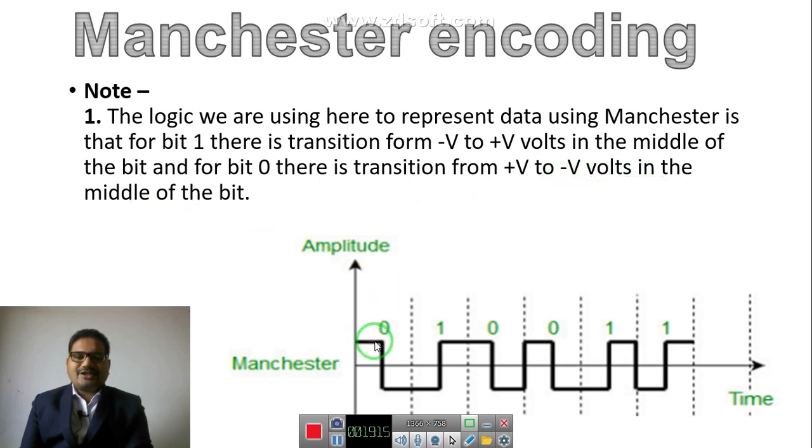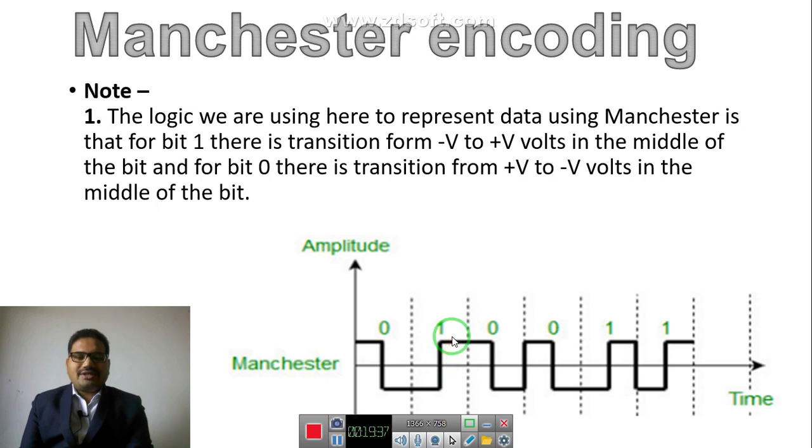So you can see on the screen that 0 is represented by plus V volt to minus V volt at the middle of the bit, and similarly bit 1 is represented by a transition from minus V volt to plus V volt in the middle of the bit.